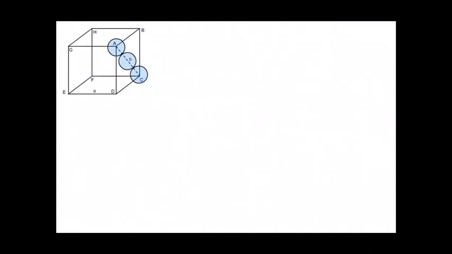Now let's calculate the volume of the particles. Since this is a face-centered unit cell, the total number of particles in a face-centered unit cell is equal to 4. Then what about the volume of a constituent particle? Since we have considered the constituent particles as hard spheres, the sphere has volume 4 by 3 pi r cube, where r is the radius of the sphere. So 4 particles are there, effective number 4.